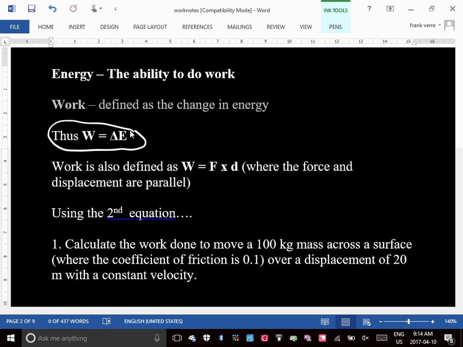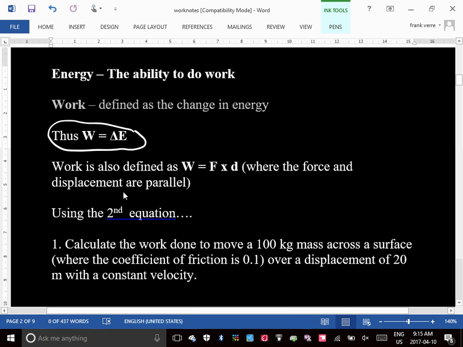But think about the reverse: for you to lift a barbell, there had to be a change in energy. You had to convert your chemical energy into mechanical energy to lift that barbell. So work and energy are the same thing, two sides of the same coin. And later in this course, you'll realize that electricity and magnetism are also two sides of the same coin.